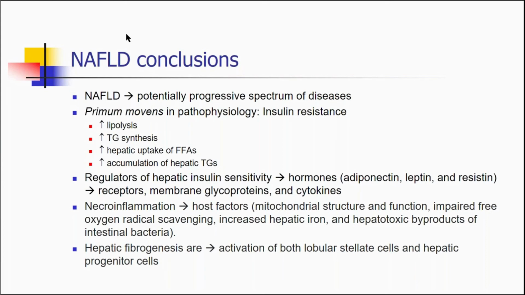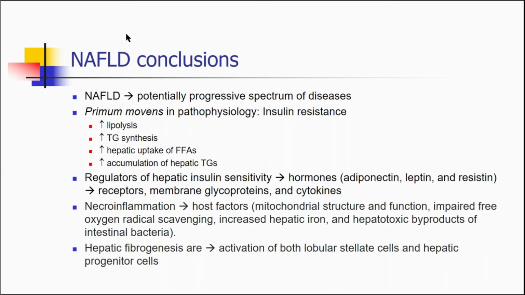This is a potentially progressive spectrum of diseases, with an interesting subgroup of patients. The prime mover is indeed, so far, insulin resistance with increased lipolysis, increased triglyceride synthesis, increased hepatic uptake of free fatty acids, and accumulation of triglycerides. But further mechanisms also include hormones, receptors, membrane glycoproteins, and cytokines.